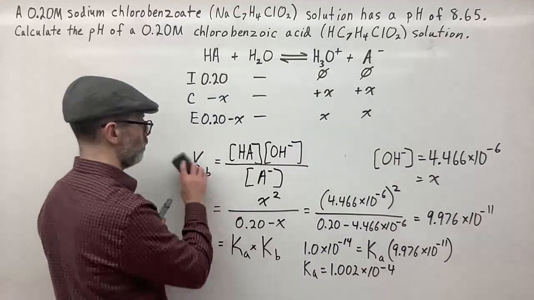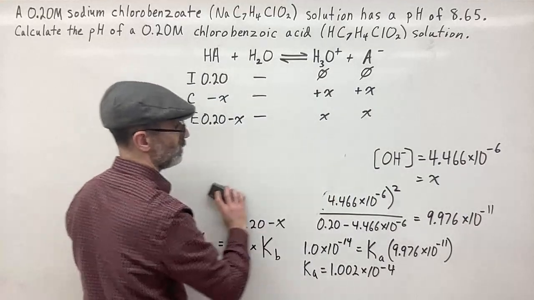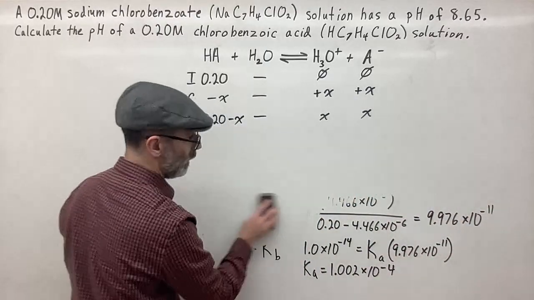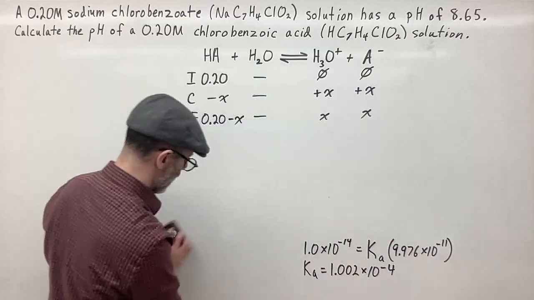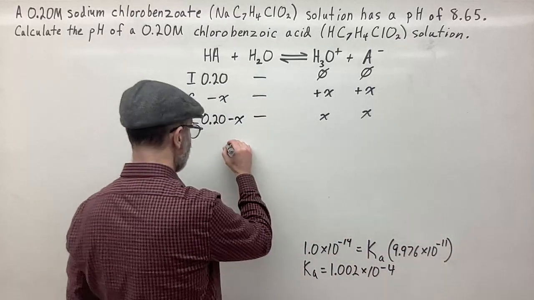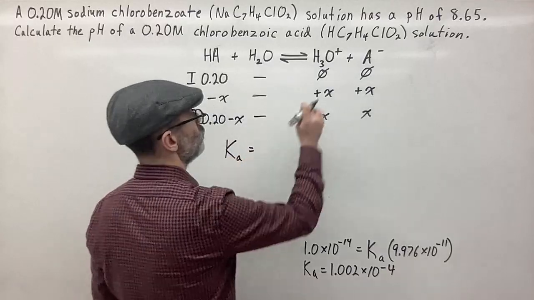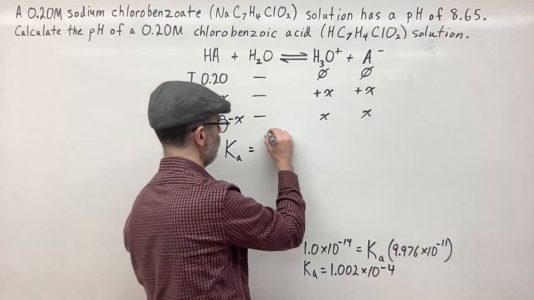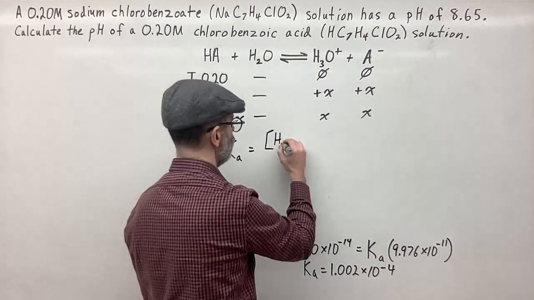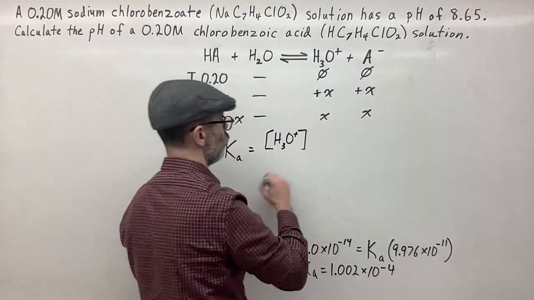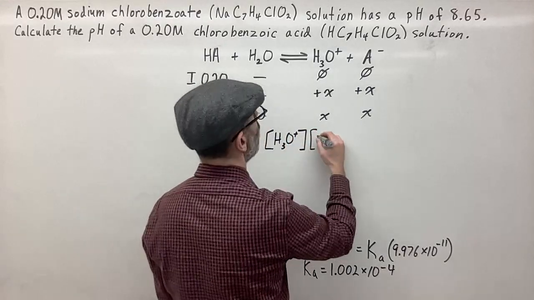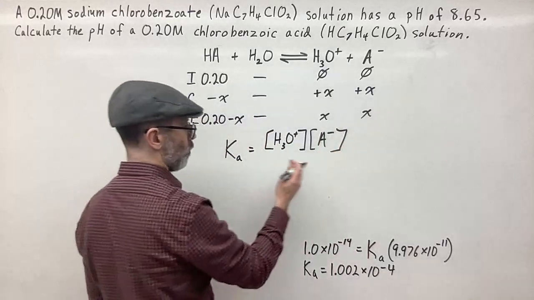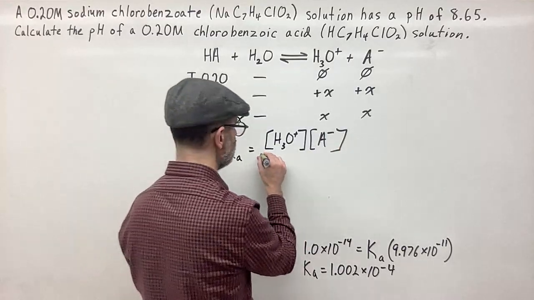So now we can set up our Ka expression. Ka is going to be equal to the concentration of products over the concentration of reactants. So here we're going to have the concentration of H3O plus, the hydronium ion, multiplied by the concentration of A minus, the conjugate base, or the anion of the weak acid.